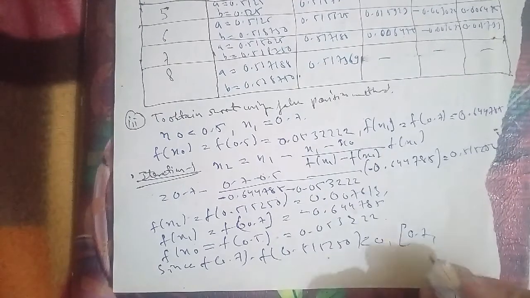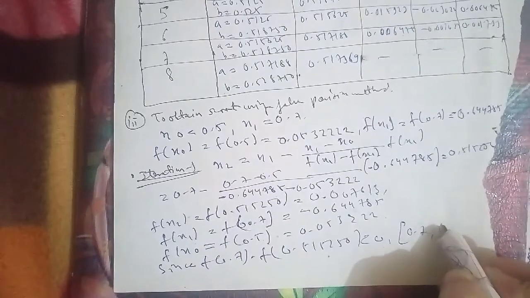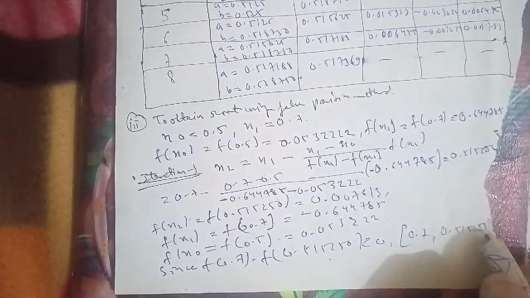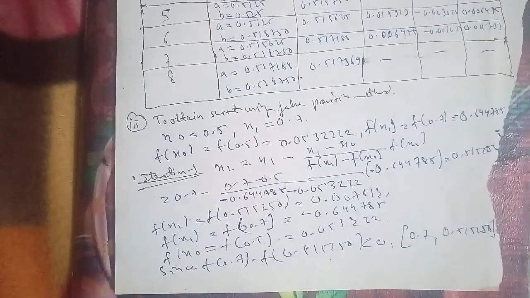Iteration 2. We take x1 equals 0.7 and x2 equals 0.515250. So x3 equals x2 minus (x2 minus x1) upon (f(x2) minus f(x1)).